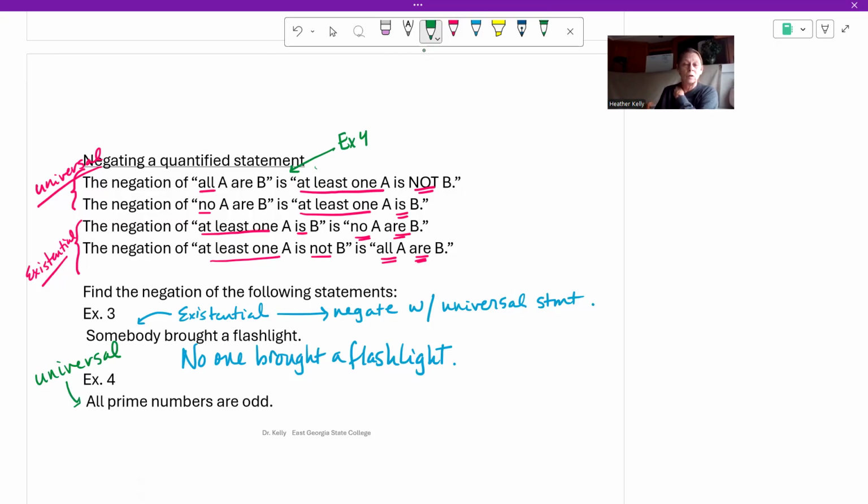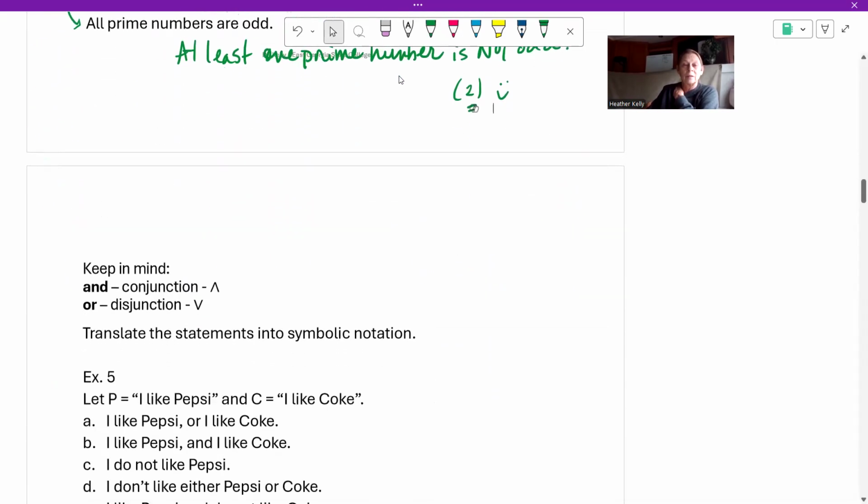So we could say at least one prime number is not odd. And we know that, in fact, it's the number 2, right? Okay.